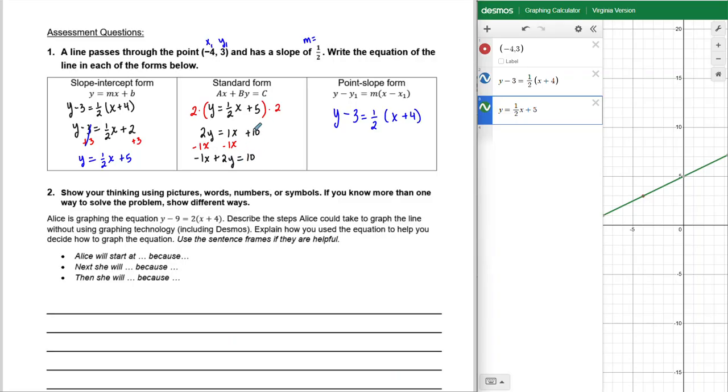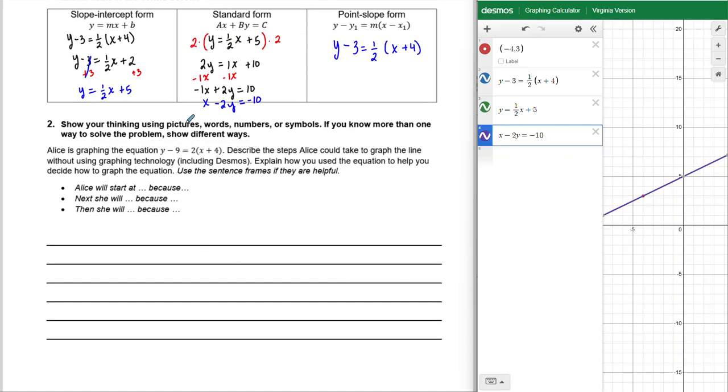And then the a cannot be negative, so instead of saying negative 1x, I'm going to do positive 1x, which is just x. Change the positive to a negative 2y, and then change the positive 10 to negative 10. So that is the standard form. Let me go ahead and graph that and see if it works out. Yep, it's the same exact graph right there. Right, so those are my answers for this. Let's go to the next one.